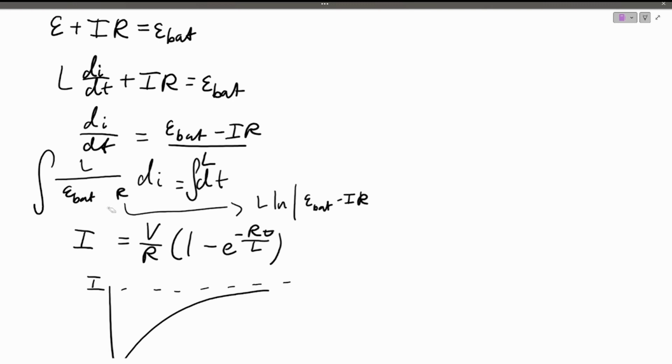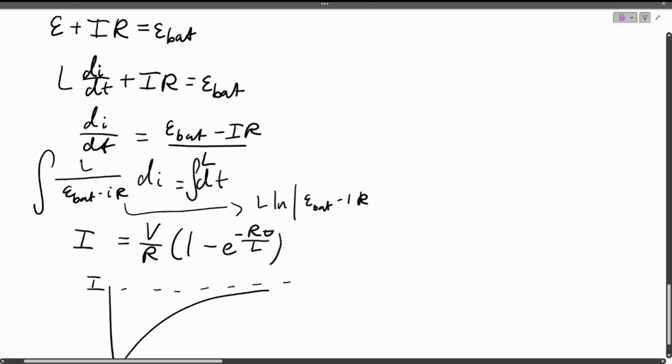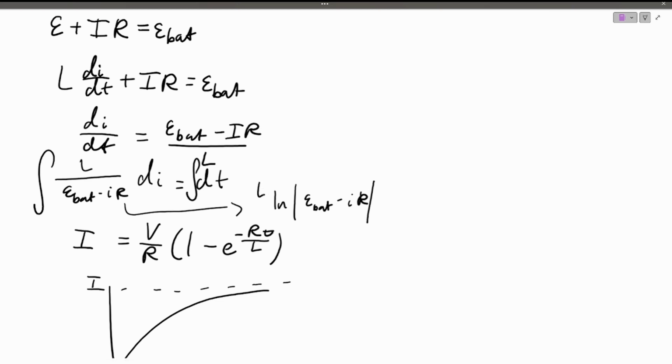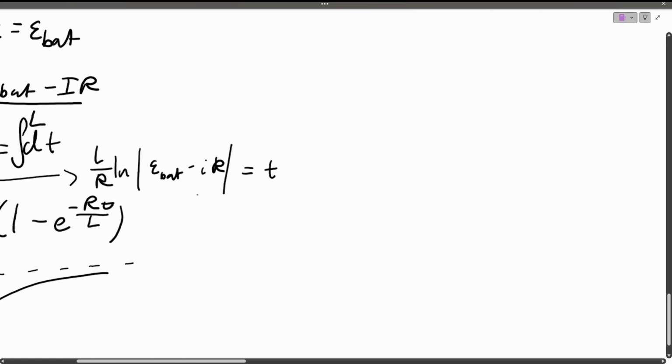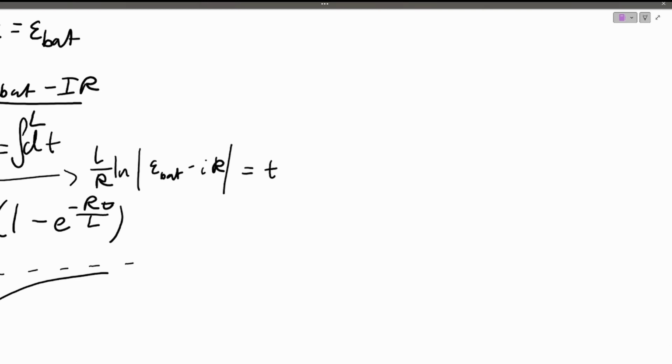Okay, let me change this little r to little I. And then we need an L over R here is equal to t. Then we just raise both sides, or rather, I guess we'll multiply over some stuff first.